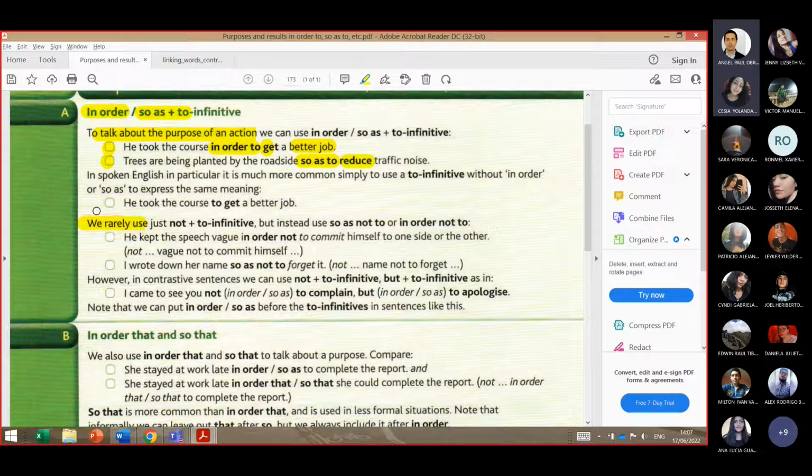But let's have a look at this first. So in particular, it is much more common simply to use to plus the infinitive without in order to or so as to, ya que estos dos no tienen diferencia en el significado. They have the same meaning. So look, he took the course to get a better job.